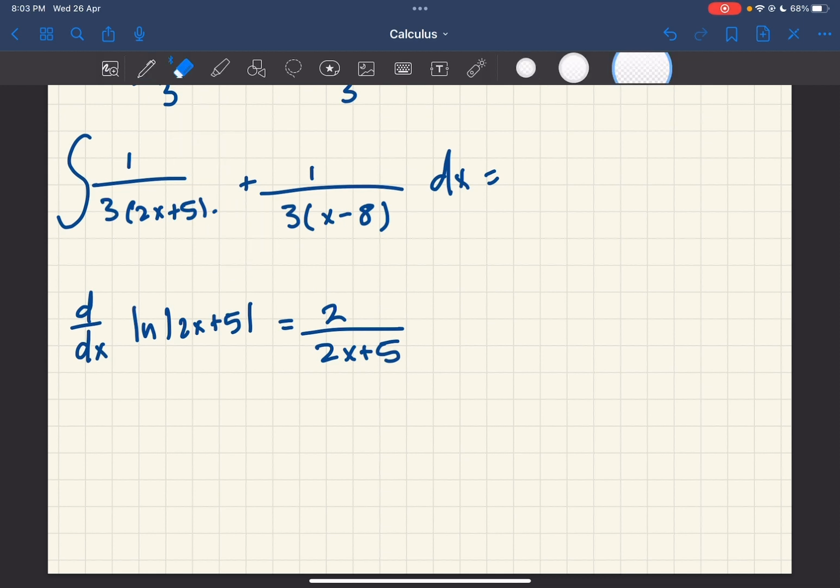Let me elaborate on that. We need to do that to integrate the first part. Since the constant, which is right here, which is 2, is not 1, we can't leave the numerator as 1. We have to equal it to the constant, which is 2. So since the constant is 2, the numerator is 2. For example, if the constant is 5, the numerator is 5, and so on. We do that by multiplying by 2 right here.